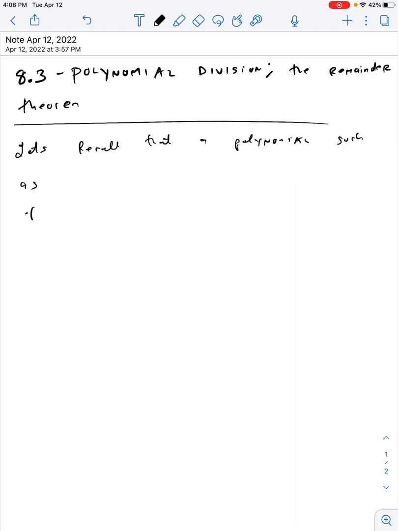such as f of x equals x to the third plus 2x squared minus 5x minus 6 may be factored. All right?